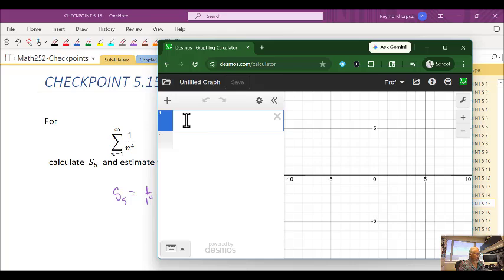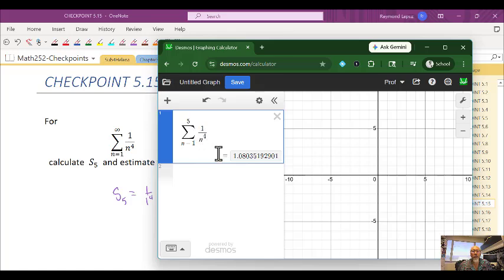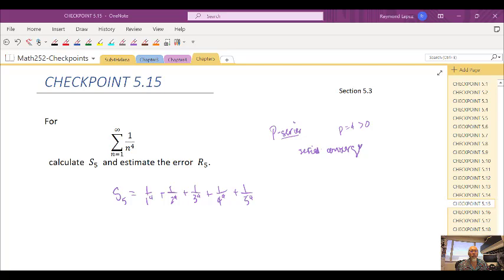You can type sum, give a starting point and an ending point, and put in what you want. In this case we want 1 over n to the fourth power, and the fifth partial sum is about 1.0835.